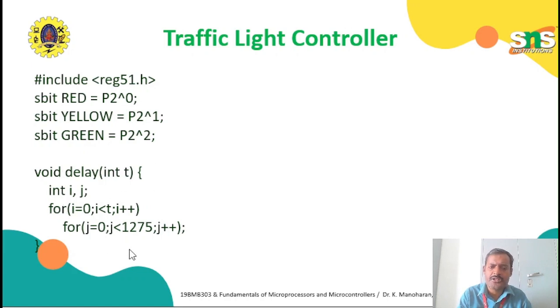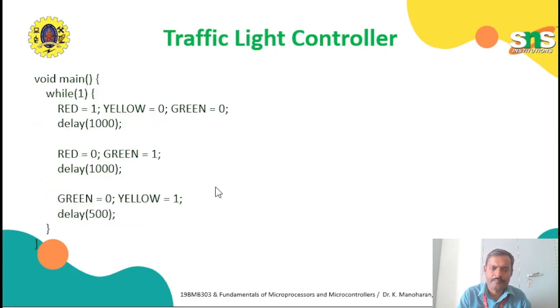There is nothing inside the loop, that's why I am putting a semicolon here. So what happens? These delays will be executed 1275 times into this t. For example, if I need a 100 millisecond delay, I put t as 100. So 100 into 1275, the loop will be repeated 1275 times, multiplied by t. This generates a delay.